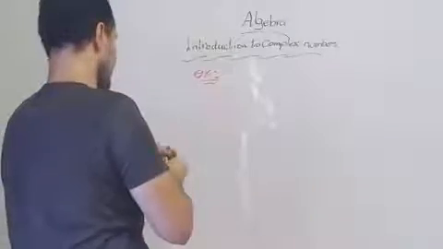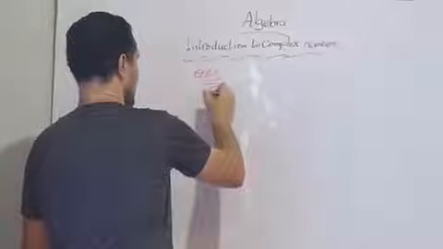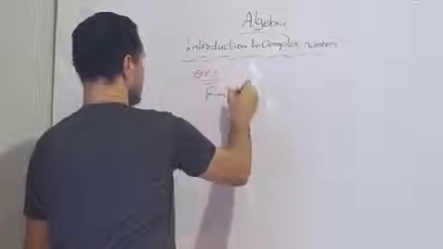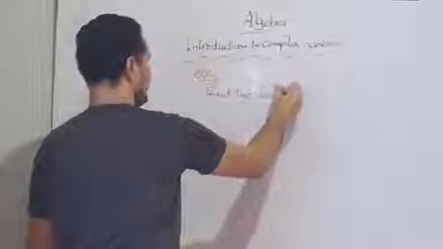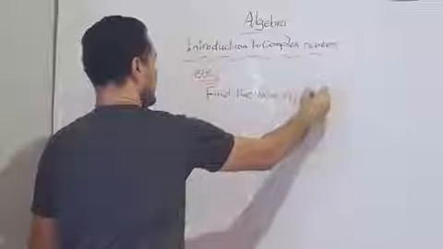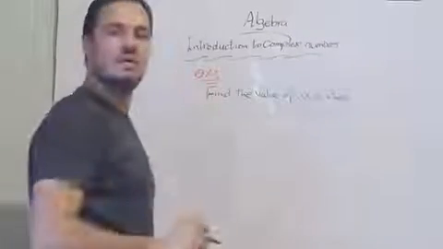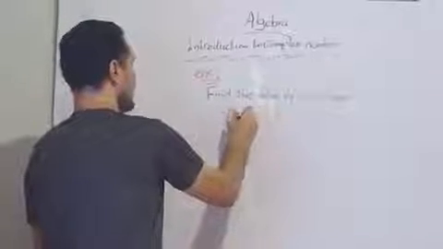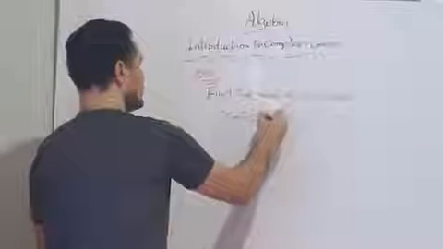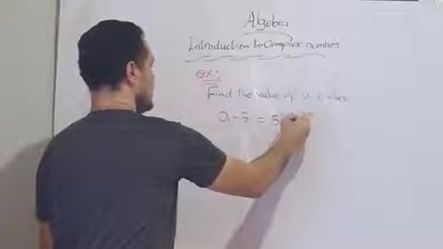Find the value of a and b where a minus 5i equals 5 plus bi.